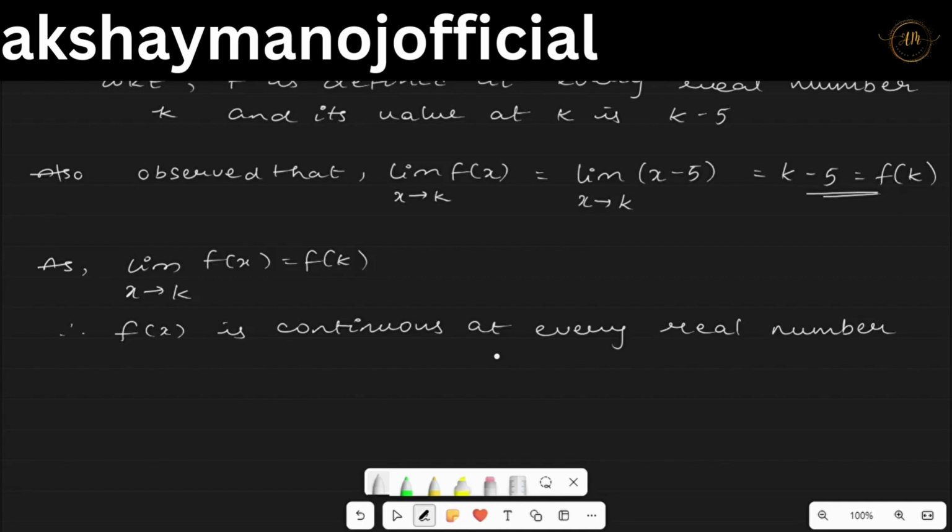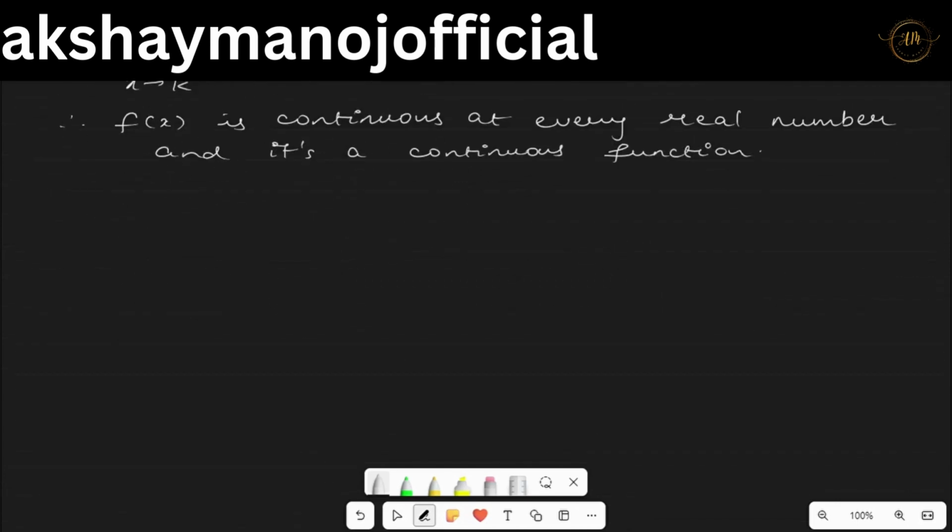And it is a continuous function, right? Yes. Similar way, we will take the second function.